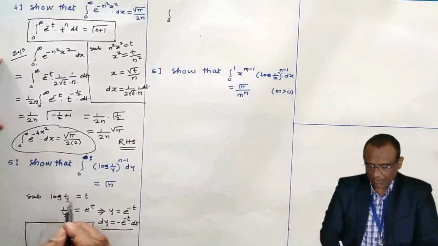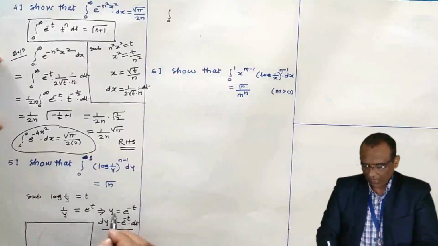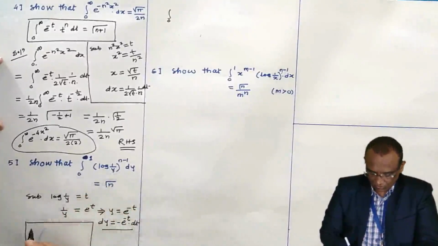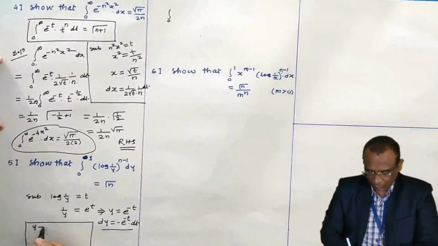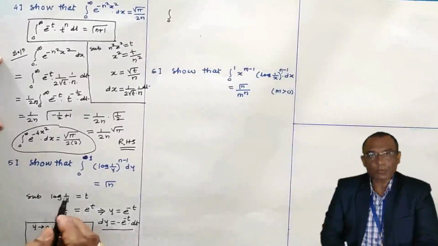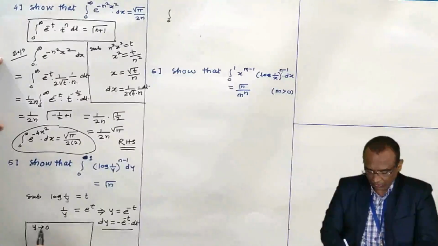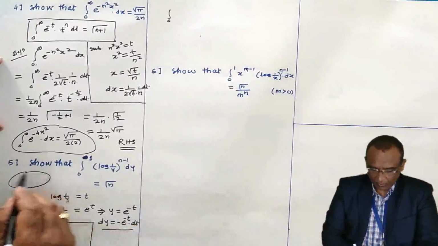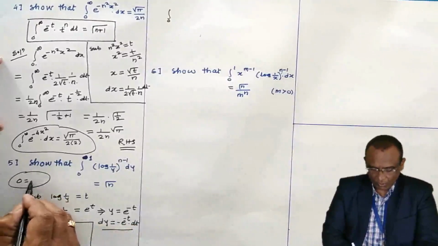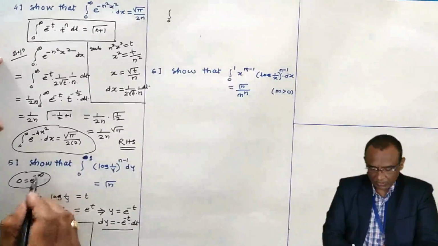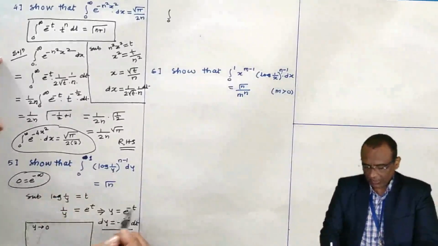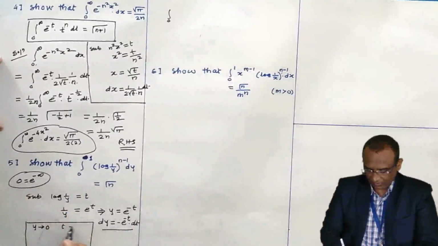Here, log 1 by y equal to t and consequently y equal to e to the power minus t. When y is 0, it is a limit, you know, that's why I am writing 0 with a limit. When y is 0, so t will be what? Infinity. Why? Because e to the power minus infinity is 0. When y is 0, the t will be infinity.